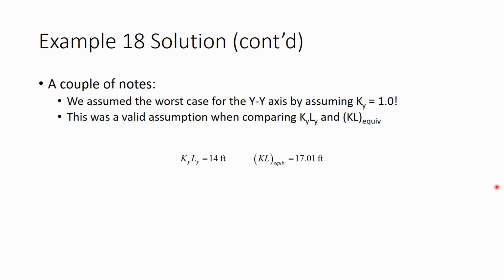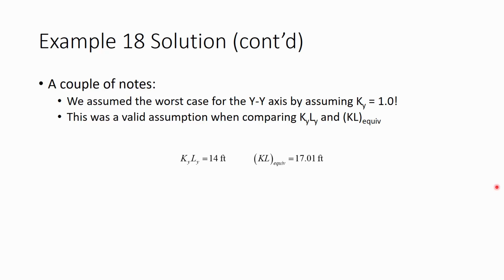It really didn't matter in the end what was going on with the y-axis. Again, we assumed the worst case scenario, and if you compare KyLy with KL equivalent, you found that KL equivalent was always larger. Remember, the reason that we compute a KL equivalent, this KxLx over rx over ry, is so that we can compare apples to apples. So essentially, when you look at KyLy and this KL equivalent, they're basically an apples to apples comparison to illustrate which axis governs.